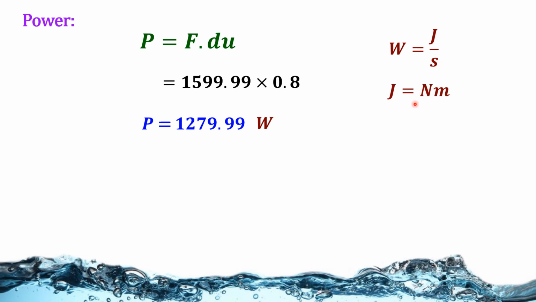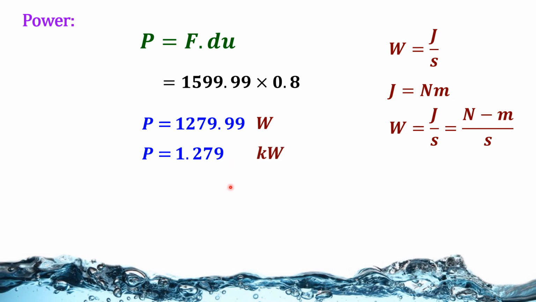We know that joule is equal to Newton meter. Therefore, watt is equal to joules per second; instead of joules, I will substitute Newton meter. So go over here. We are substituting your force in Newton and your du velocity in meter per second. Therefore, we get the power unit as watts. It can also be written as 1.279 kilowatt.